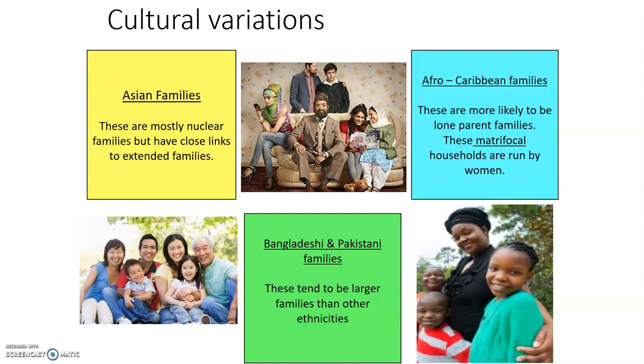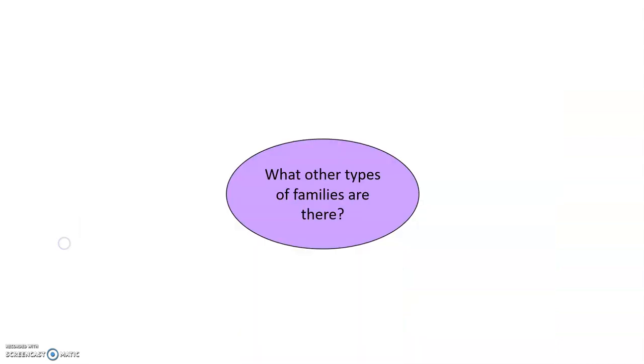And Afro-Caribbean families are more likely to be matrifocal, so this means more likely to have a female as the head of the household, and some statistics show they are more likely to be lone parent family groups.